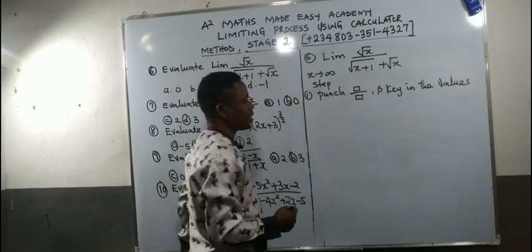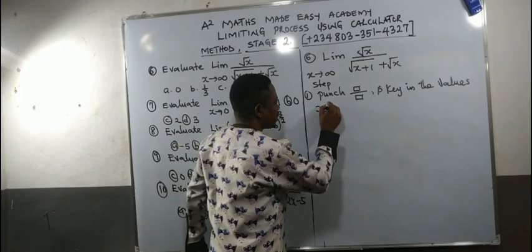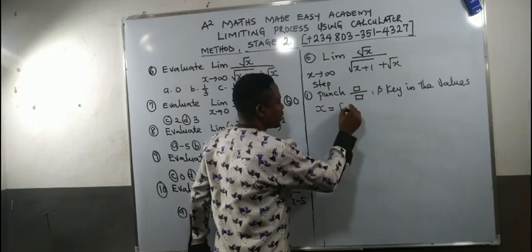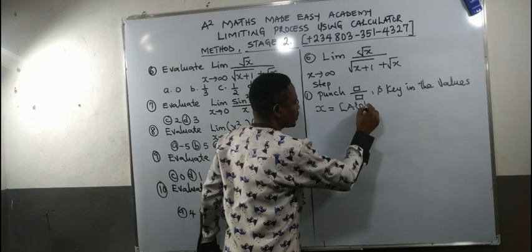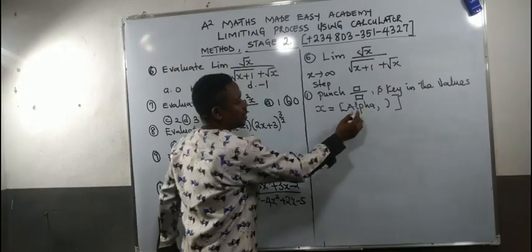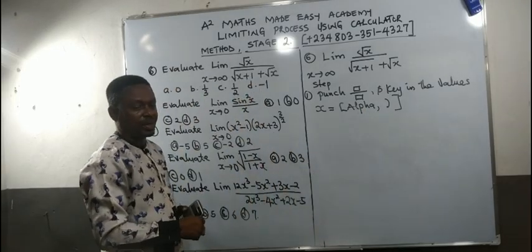Then that is the first step. And when you are looking for x, how do we generate x? Punch Alpha, close bracket, and x will appear.